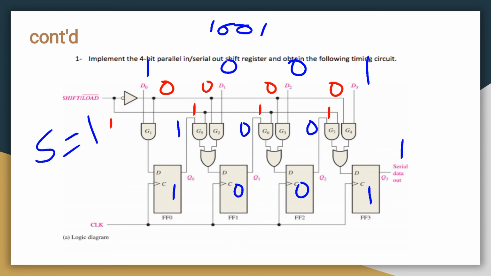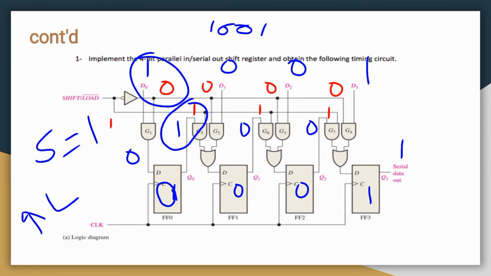The input of the G1 is 1, 0, so output is 0. The set content is going to become reset. Then for G5, sorry, one thing you have to remember, that is when load is applied the clock is applied, when shift is applied there is no clock.